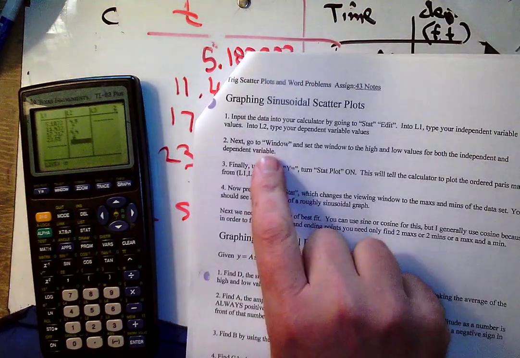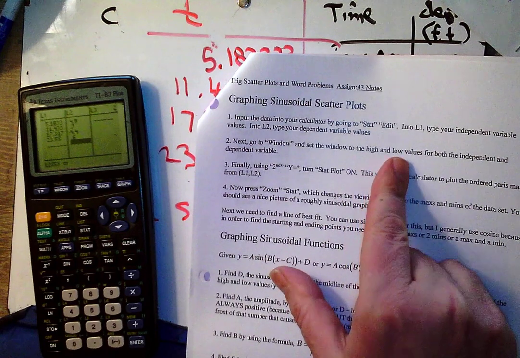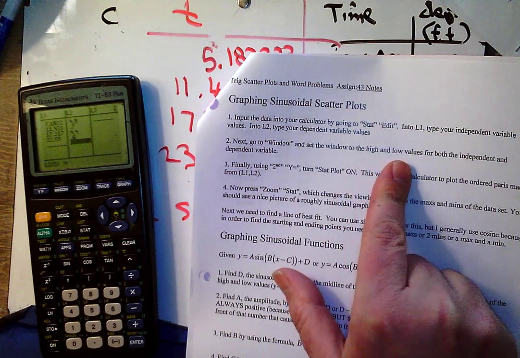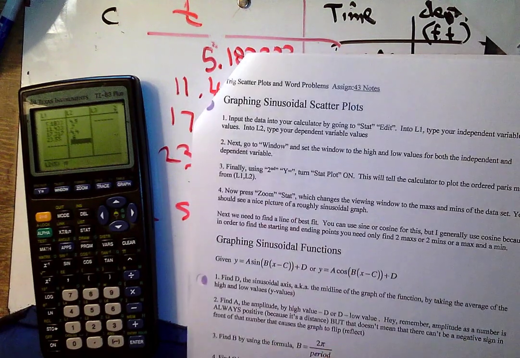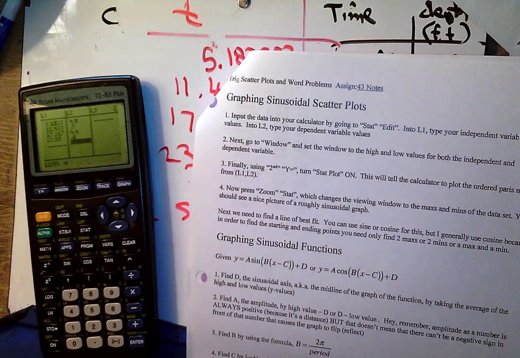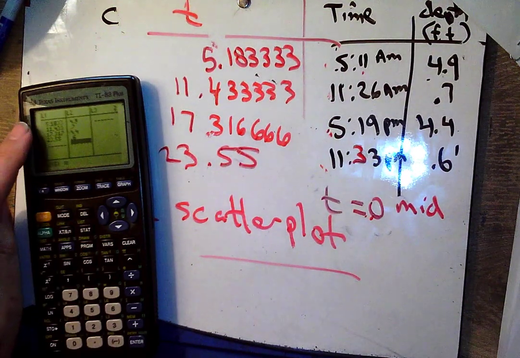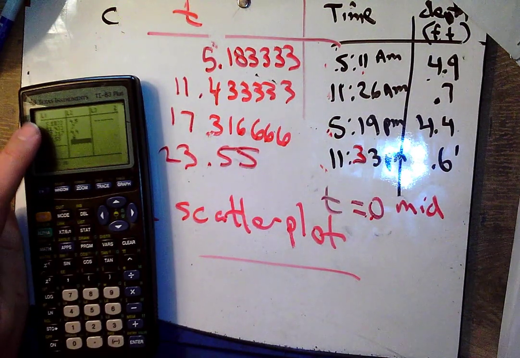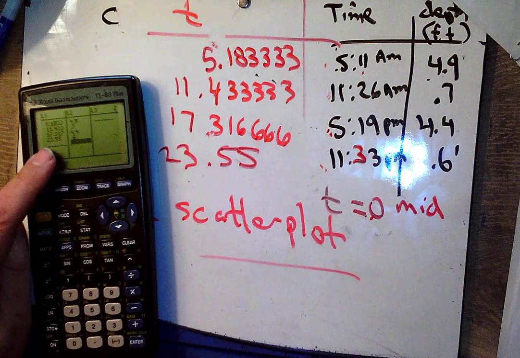Okay, well that's good. Next, what does it say? Next, go to Window and set the window to the high and low values for both the independent and dependent variable. So my low is 5. I could go back, I guess, to 0. And my high is 23, so 24.